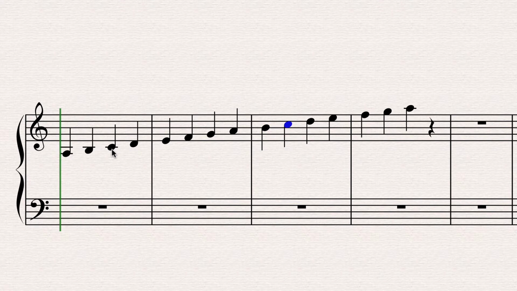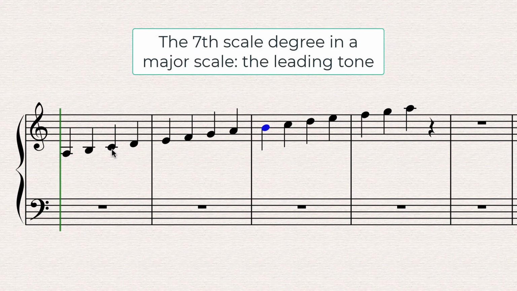That half step, that note leading up to the C, is frequently called the leading tone. And the problem with minor is it doesn't have one, because there's a whole step between the last two notes, like this.